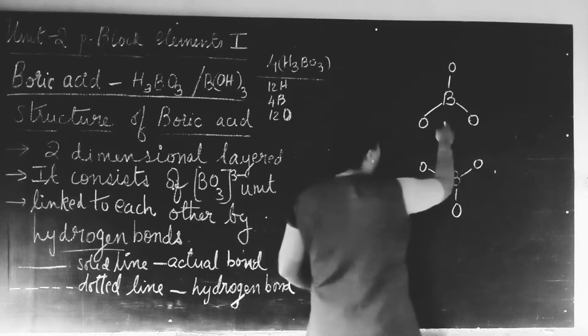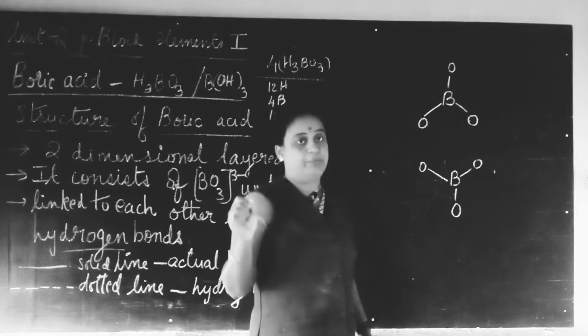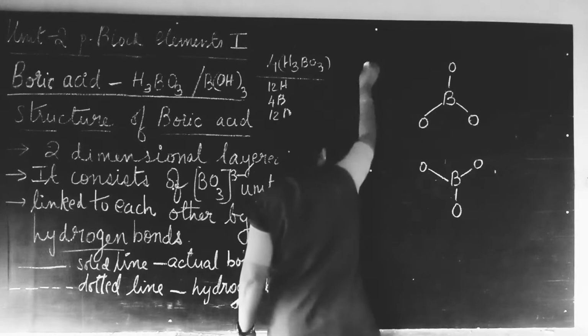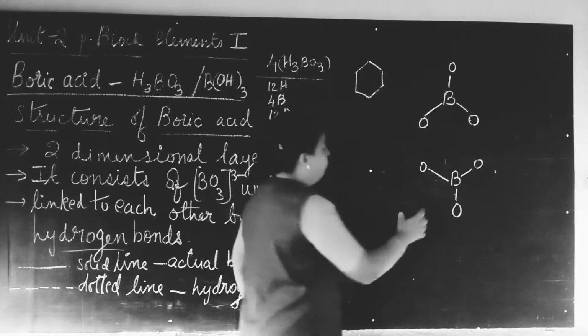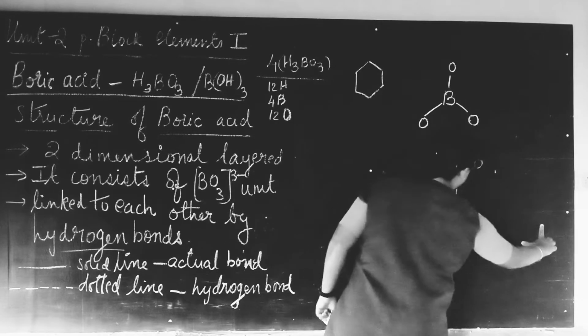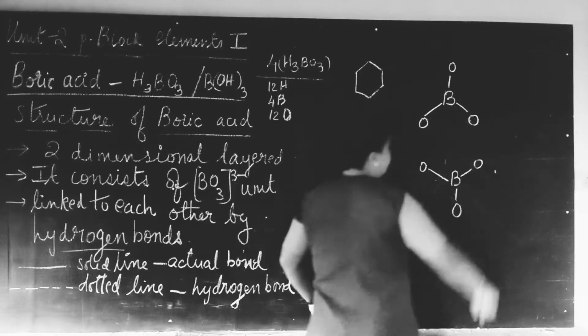Now in this boric unit, in all the directions it should come in the hexagonal shape. You know what a hexagonal shape is? So this is a hexagonal shape. In all the directions, this direction hexagonal, this direction also hexagonal, like that the hexagonal shape comes.